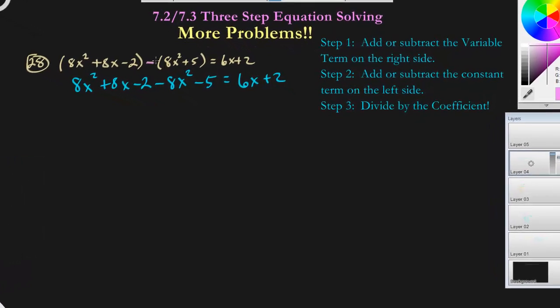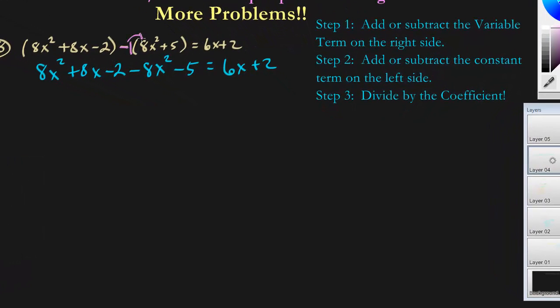This is minus 1, and if I distribute like that, that's going to be negative 1 times 8x squared, which is negative 8x squared. Negative 1 times positive 5 is minus 5. So that's what actually happened there.